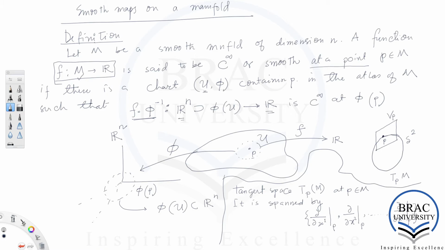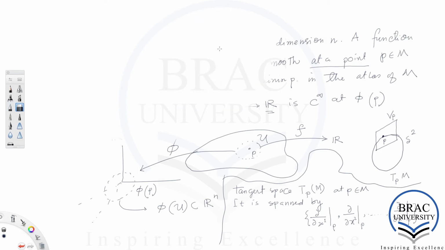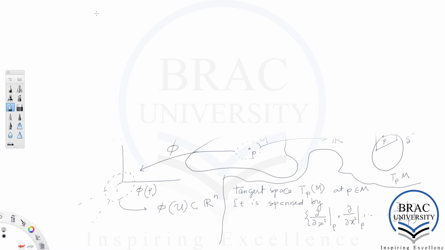If you pick an arbitrary tangent vector X, whenever we talk about a tangent vector, we restrict our notation to the given point P through which we are drawing the tangent plane. So if you are considering T_P M, then whenever I write a tangent vector, I should write X restricted to P, or X at P. This is an element of this vector space.